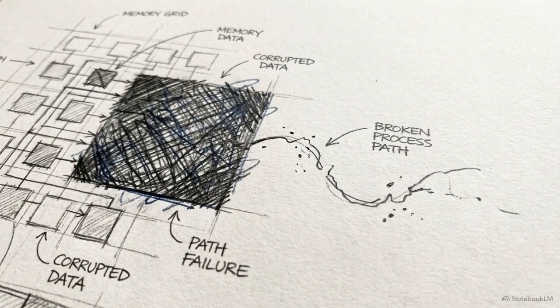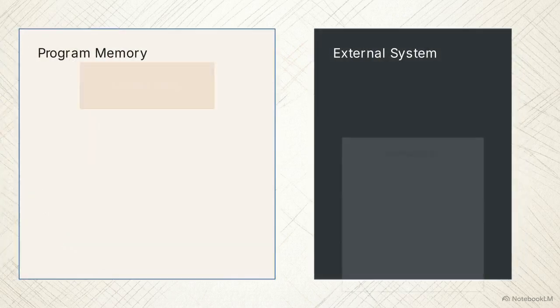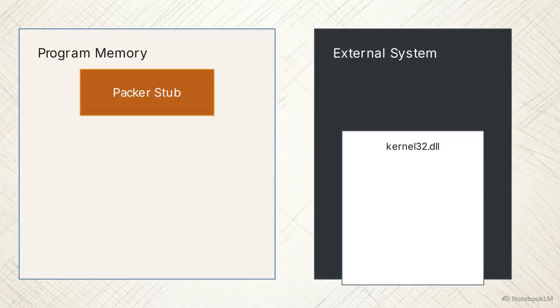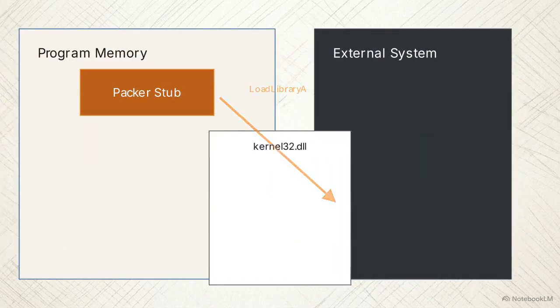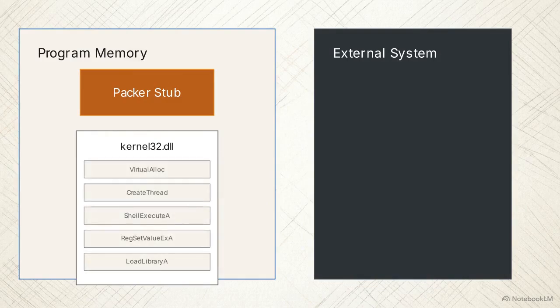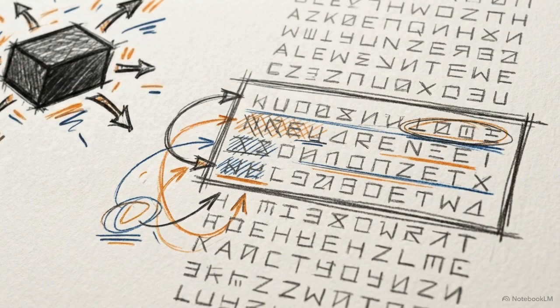A packed binary cannot rely on the standard Windows loader to link its functions automatically, because the code that needs them is still compressed. Instead, the packer stub must manually import these functions at runtime. It uses LoadLibraryA to pull a DLL into memory, and GetProcAddress to locate specific commands. Finding these specific imports in the .idata section provides the mechanical evidence that runtime unpacking is occurring.